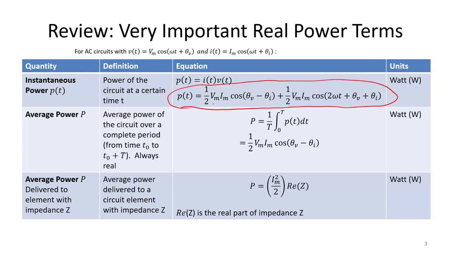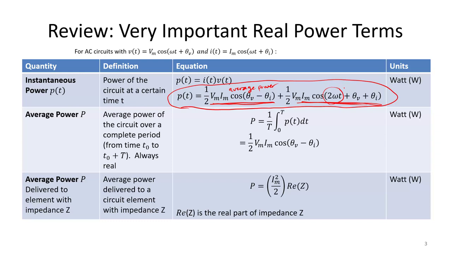And you'll remember that we have this time-independent average power plus we have a time-dependent term with double the frequency. So the instantaneous power is the sum of some average power term plus a time-dependent term.